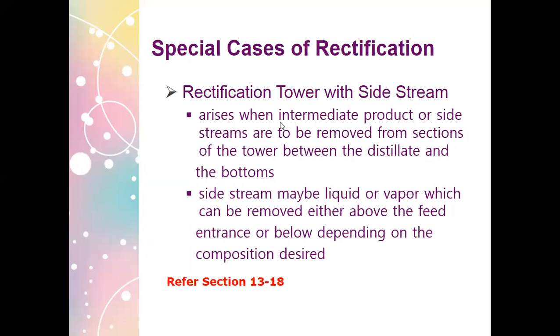So this arises when intermediate products or side streams are to be removed from sections of the tower between the distillate and the bottoms. The side stream may be either liquid or vapor, which can be removed either above the feed entrance or below, depending on the composition desired. And I think this was presented also in the videos that I have shown in the first part, especially in the process of refining.